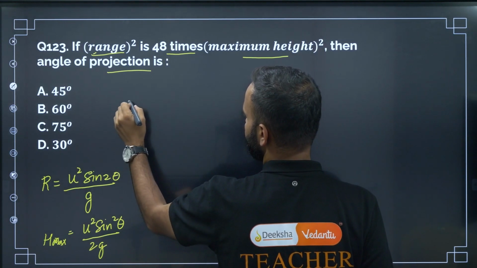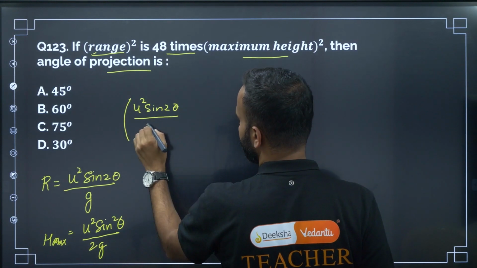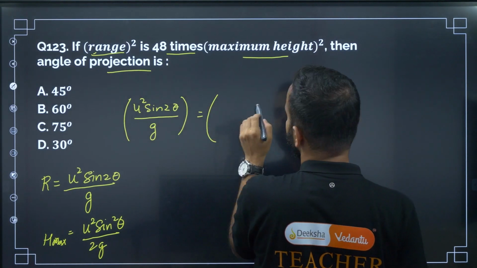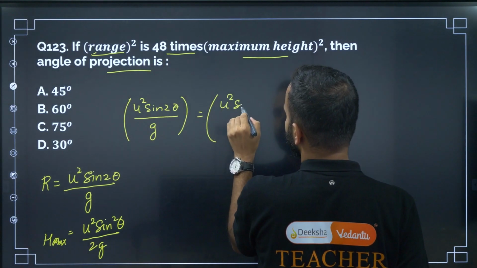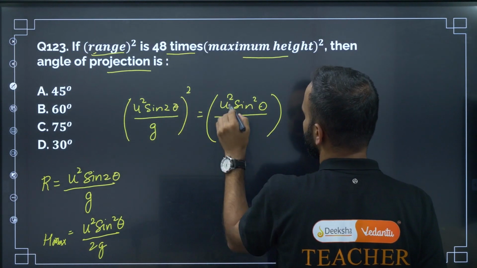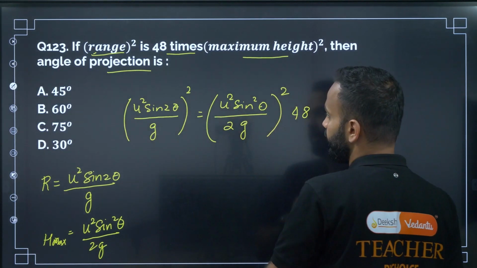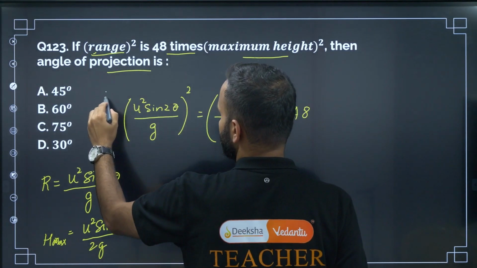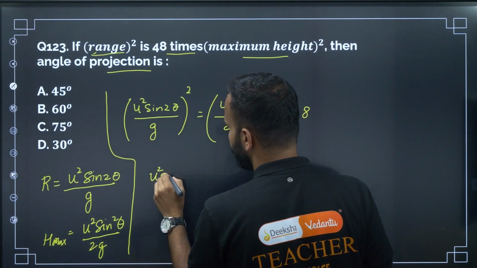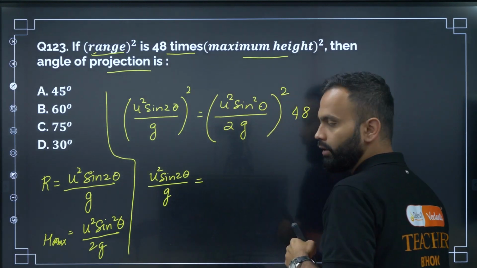So range squared, that is u square sine 2 theta divided by g, squared, is equal to 48 times maximum height squared, that is u square sine square theta divided by 2g, squared. Now take the square root on both sides.